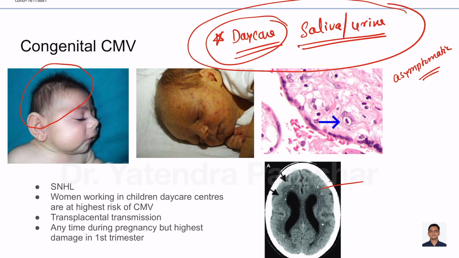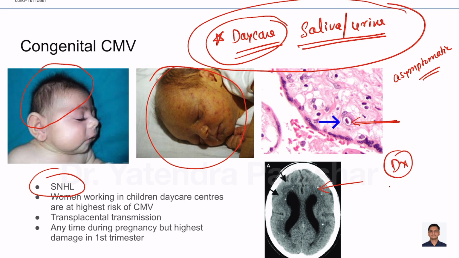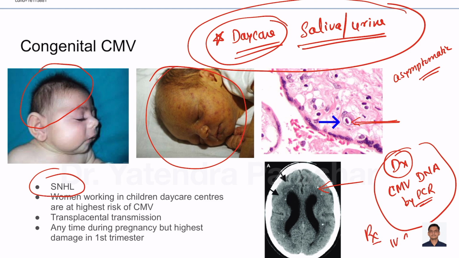This picture shows the intracranial calcifications, and this picture shows the blueberry muffin rash due to thrombocytopenia, and this picture shows the inclusion body in the placental tissue. Diagnosis can be made by detecting CMV DNA by PCR. Treatment includes IV ganciclovir or oral ganciclovir.